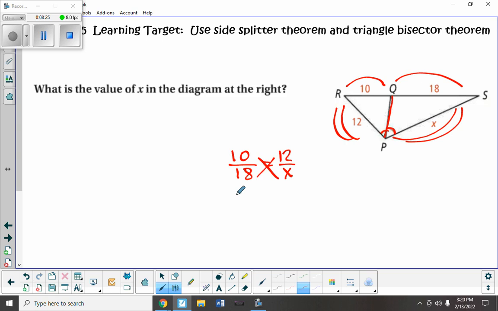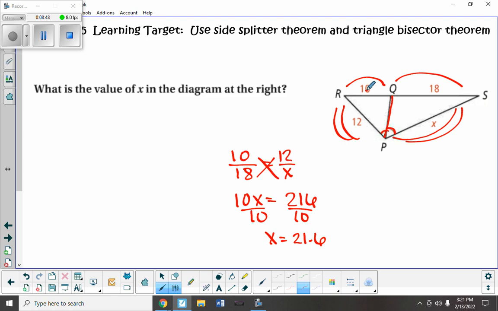Cross multiply, you have 10x equals 18 times 12, which is 216. Divide by 10, and x equals 21.6. Now I just want to show you that with proportions, remember, we can use our properties.